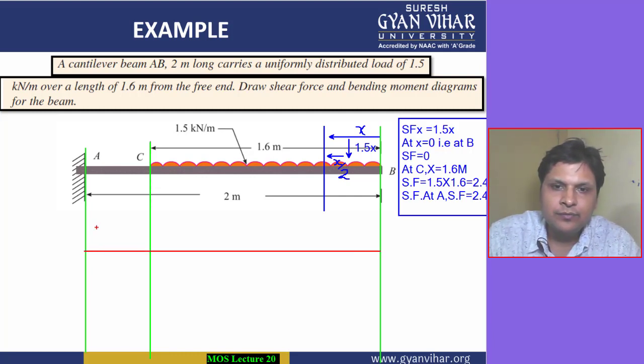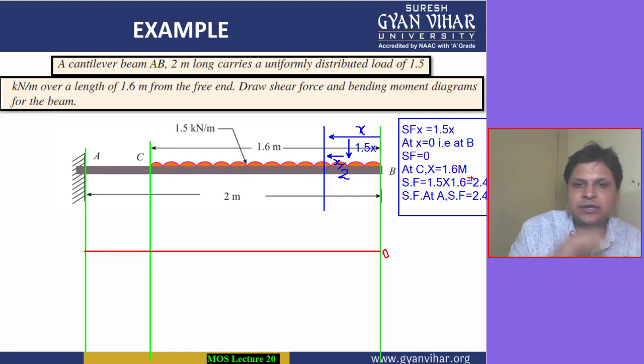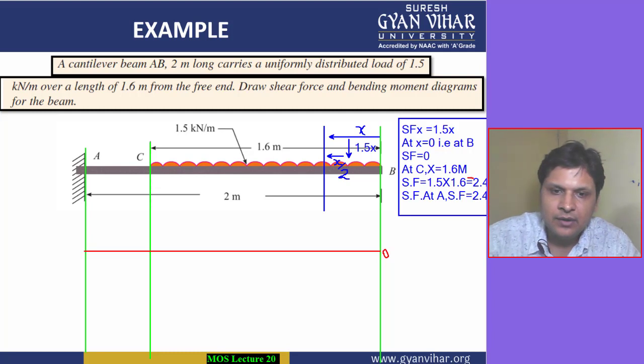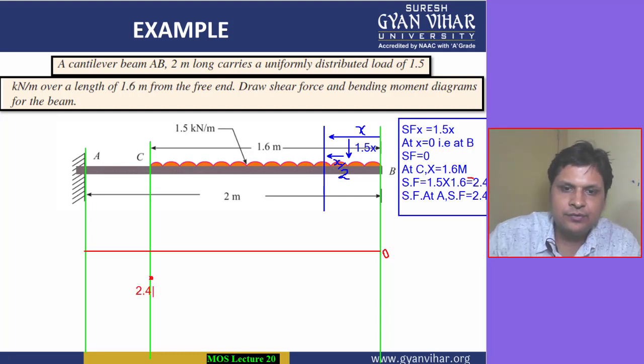At point B you didn't have any value of shear force as x was equal to 0, so here it is 0, and at the next point C you have the value of shear force equal to 2.4, and since it is in the downward direction on the right hand side, it will be taken as negative. So 2.4 will be taken below the baseline because it is negative. How much is it? It is 2.4.